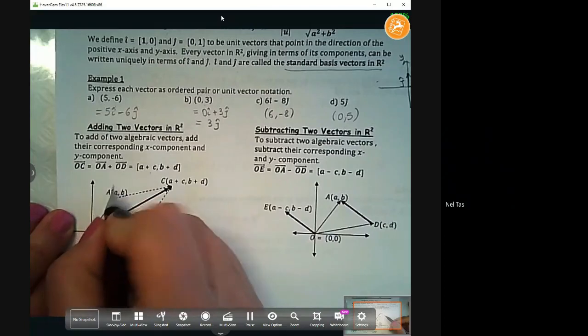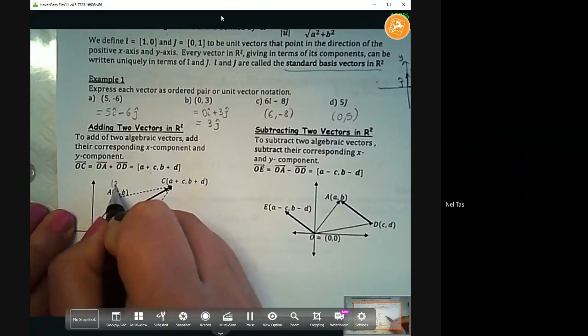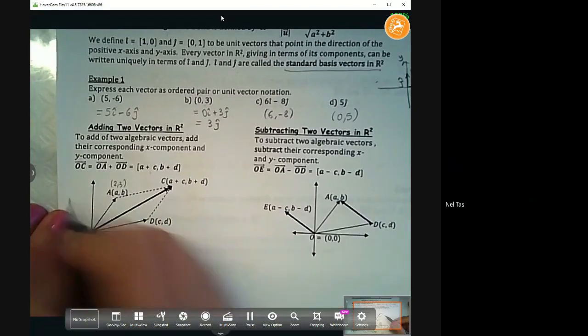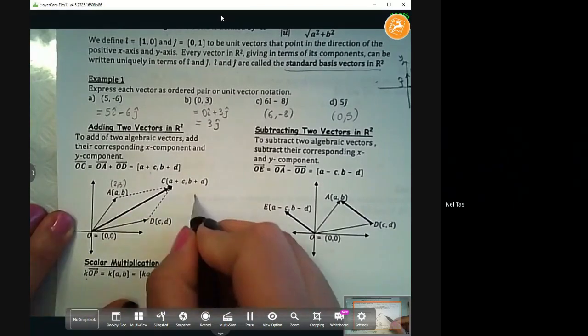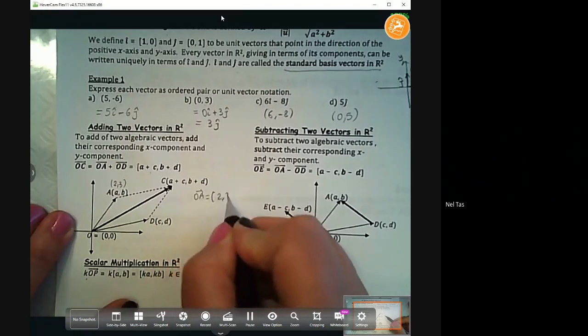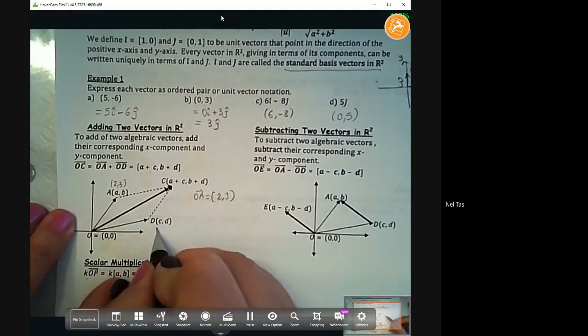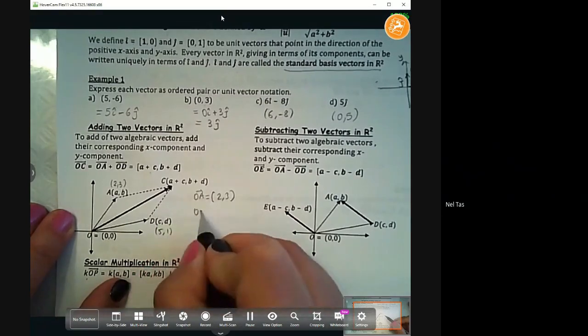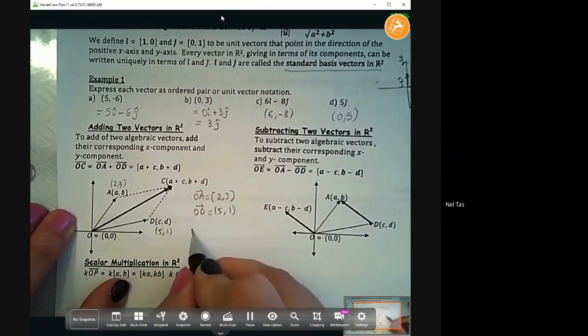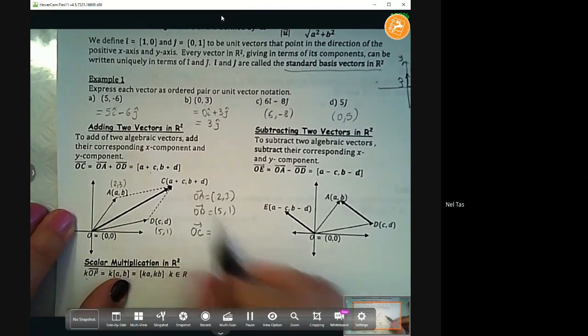Let's say the coordinates of point A are 2 and 3. So OA vector is also represented by 2 and 3. Let's say point D is 5 and 1. So OD vector is also 5 and 1. We want to represent OC vector, which is now the addition of those two vectors.